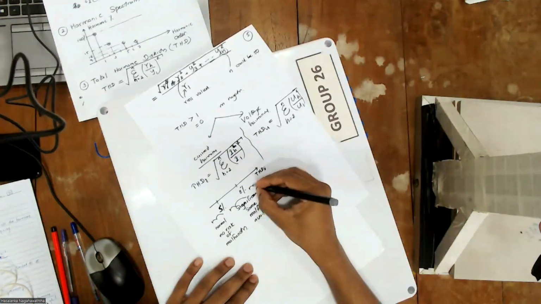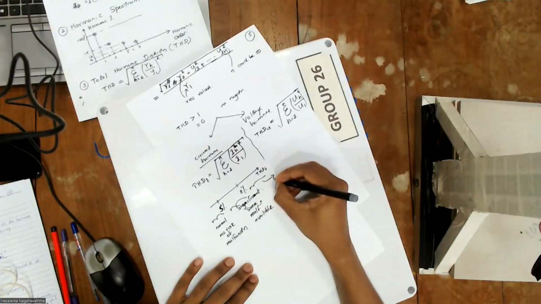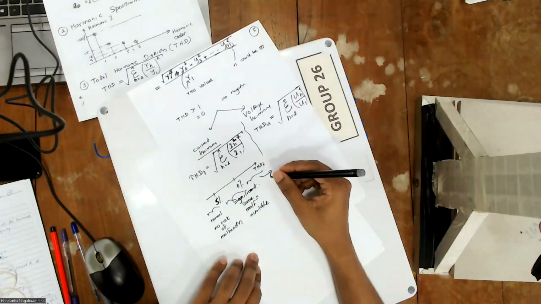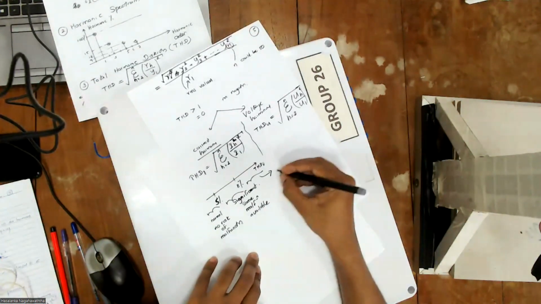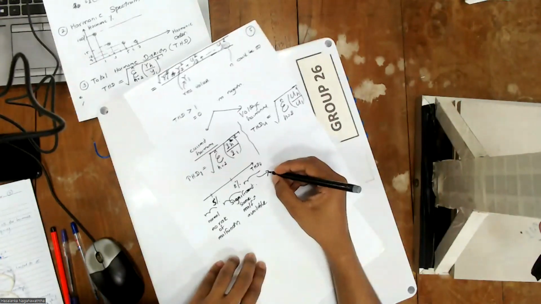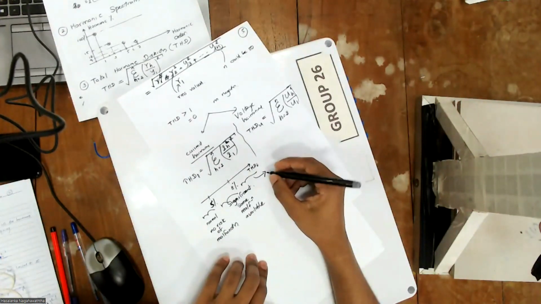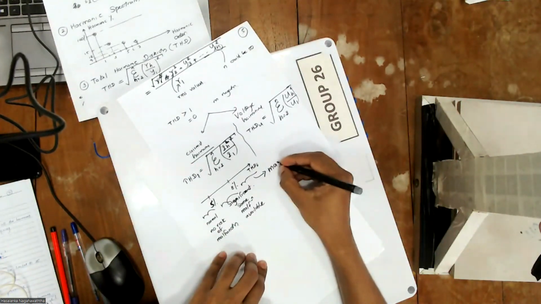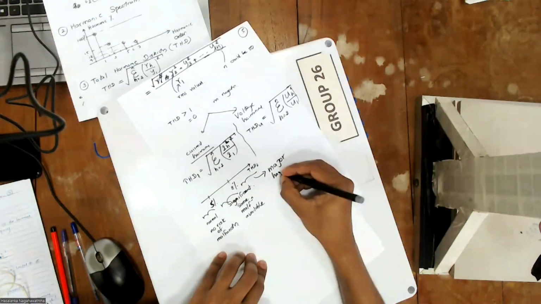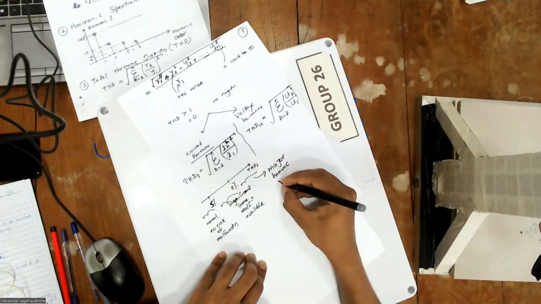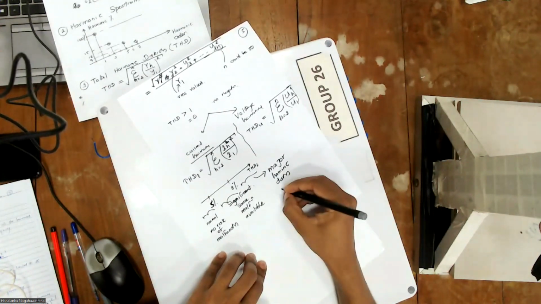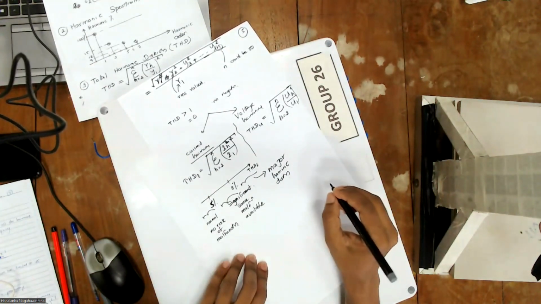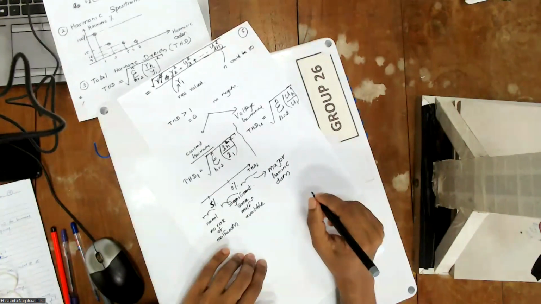And if it is more than 8%, then major harmonic distortion is available. Okay, so higher malfunctions are there.